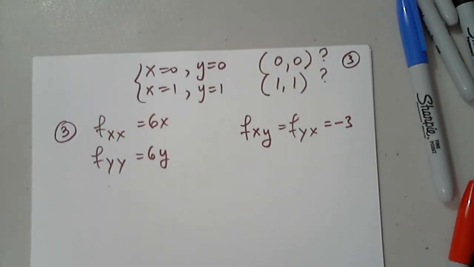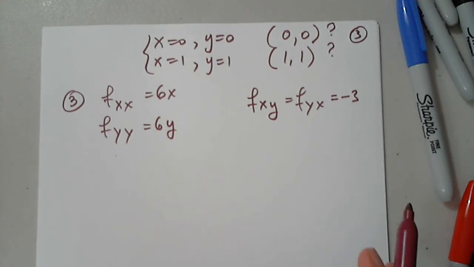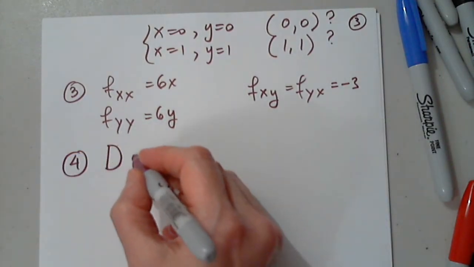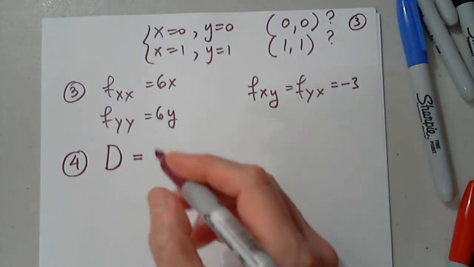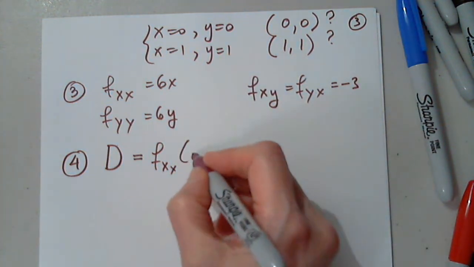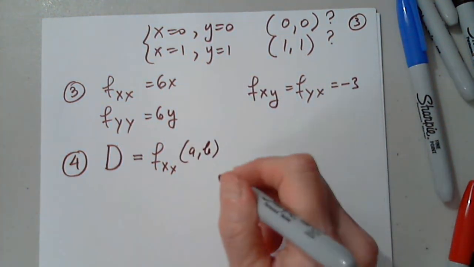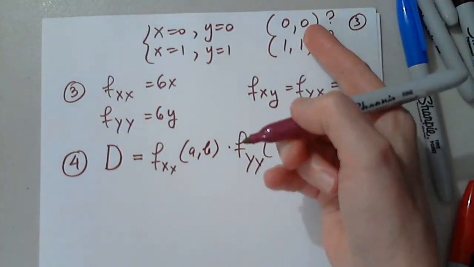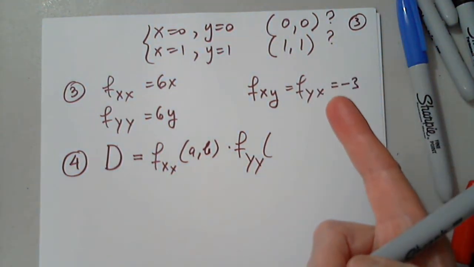Final step before we draw the conclusion. Number 4. Determine D. And here's the formula for D. fxx at these points, I'm going to call them (a, b) because that's the formula, so to remember it. fyy, first at the first one and not at the same time, right?